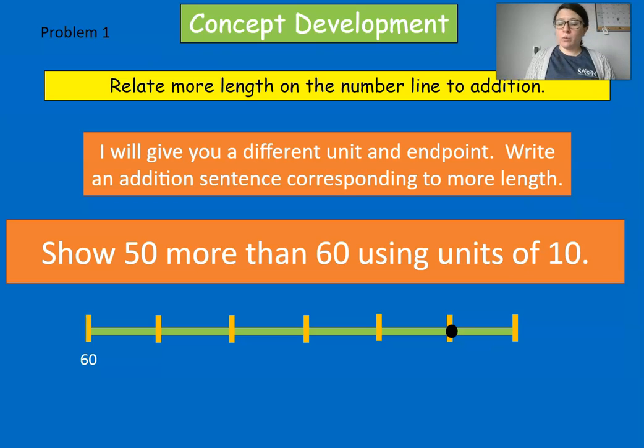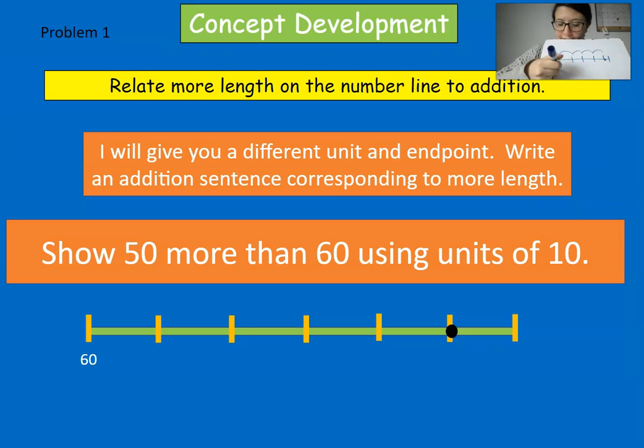Now for this one, we're going to be counting by 10s, and we want to show 50 more. So 10, 20, 30, 40, 50. Okay? So I know my endpoint is going to be here. Now what I can do is count by 10s from 60 to here to see what that number is.